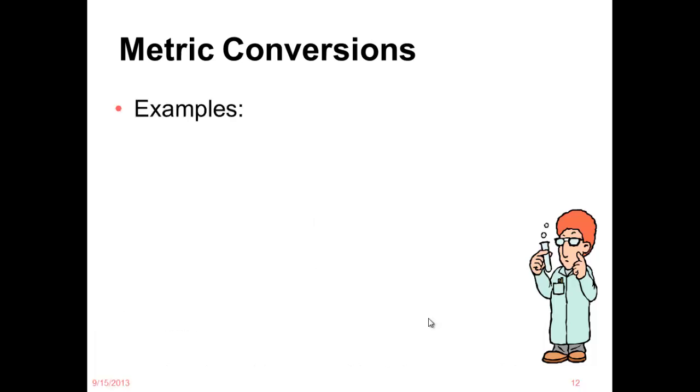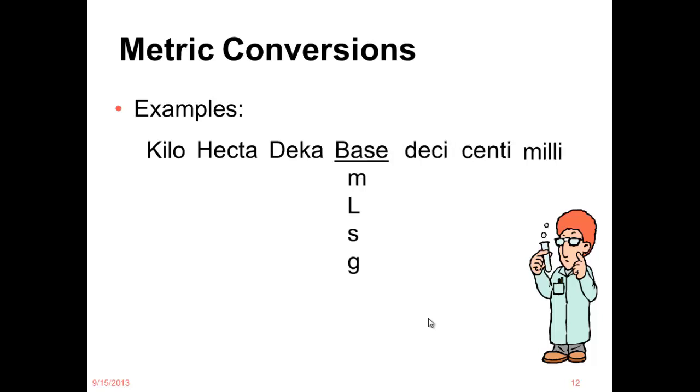Now let's do some examples. Here are our 7 steps again. And here's what we would like to find. So pick up your pencil and play along. We're starting with kilometers. When you see this symbol right here, km, the K tells you the prefix, the M tells you what you're measuring.